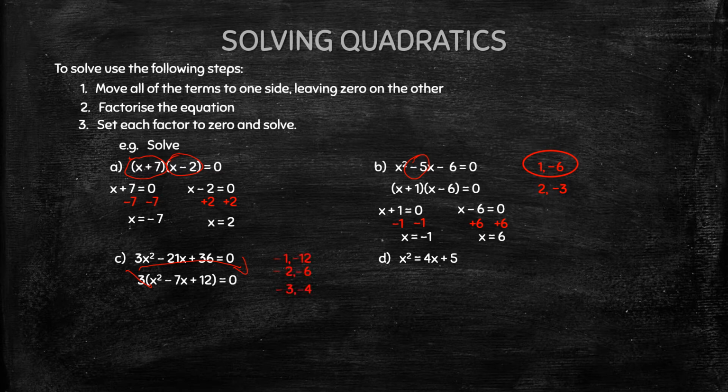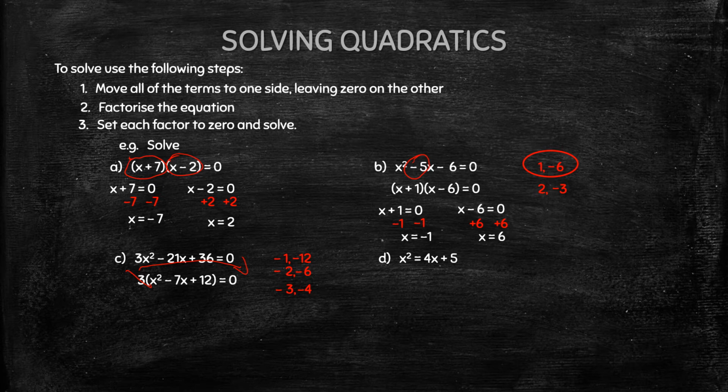So what we do, we're going to factorise as usual. We're going to find 2 numbers that multiply together to get plus 12 and add together to get negative 7. And here's our factors of plus 12. We know they've both got to be negative because they've got to add together to get a negative number.